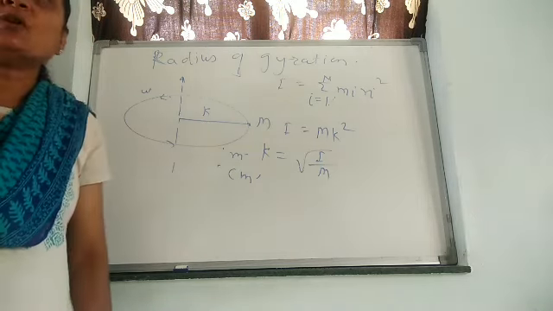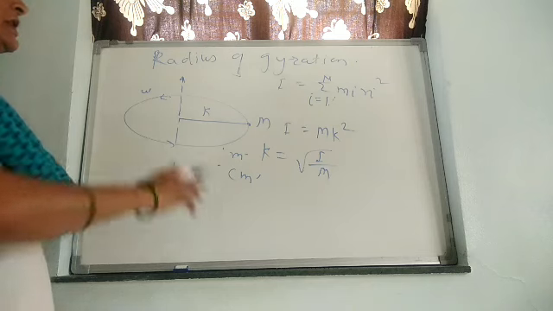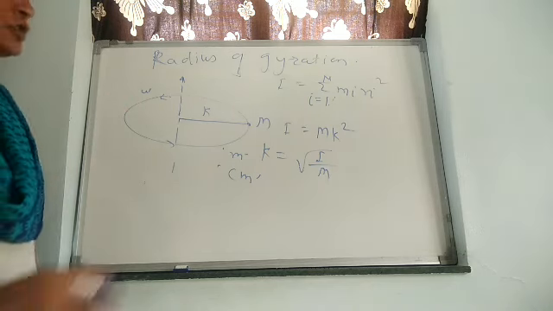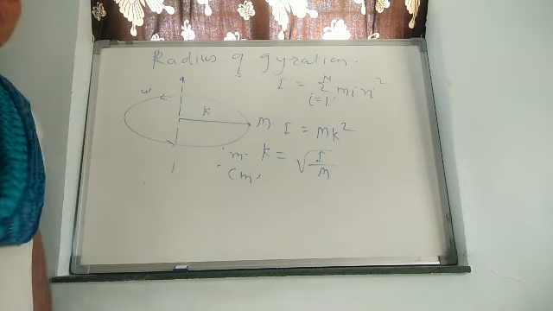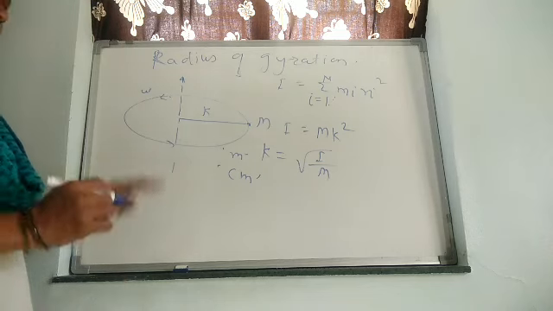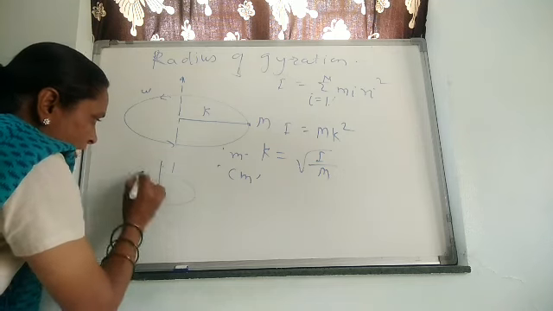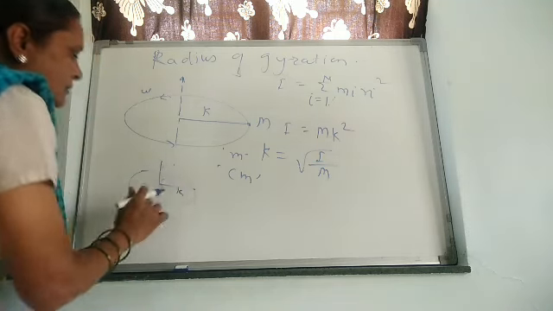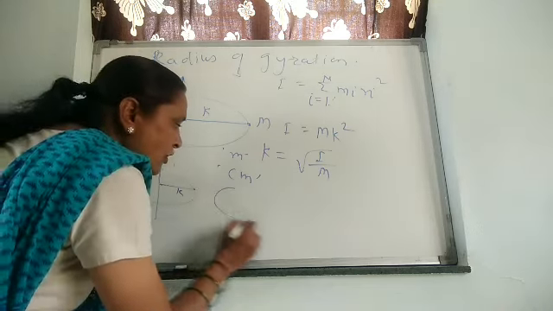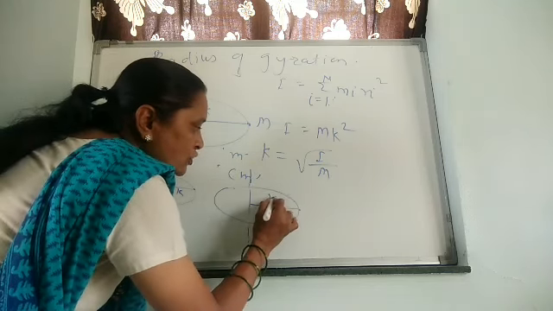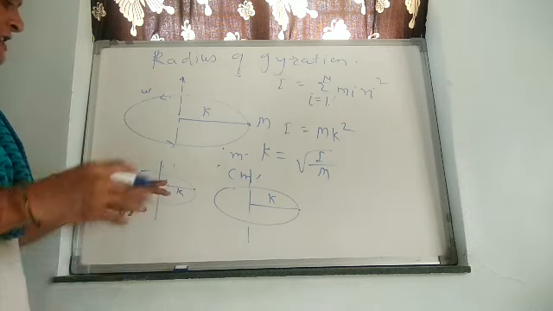Then what is the application of this radius of gyration? As we have seen, radius of gyration is a measure of length. As the axis of rotation changes, the distribution of mass about the axis of rotation goes on changing. Automatically, its distance from the axis of rotation goes on changing. A small value of k indicates that the particles are very close to the axis of rotation.